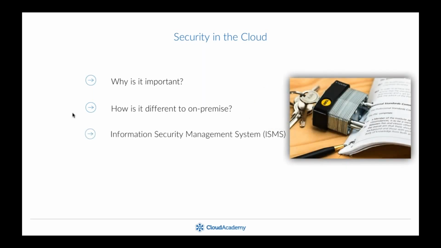Now, your Information Security Management System, your ISMS, most organizations will have this document in one form or another. For those of you who aren't aware of what this is, it's essentially a set of controls and policies that dictates the security requirements within your organization. So it looks at what kind of risks your business has from a data perspective, which data you need to control and protect, and the requirements around those controls.